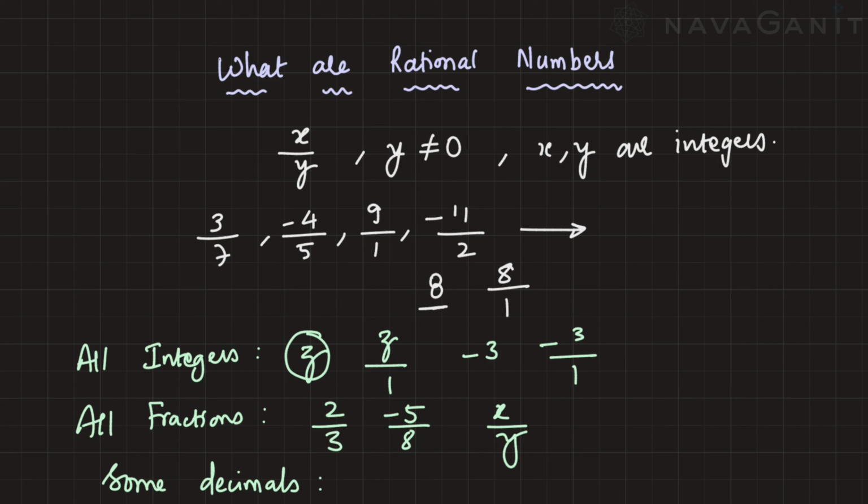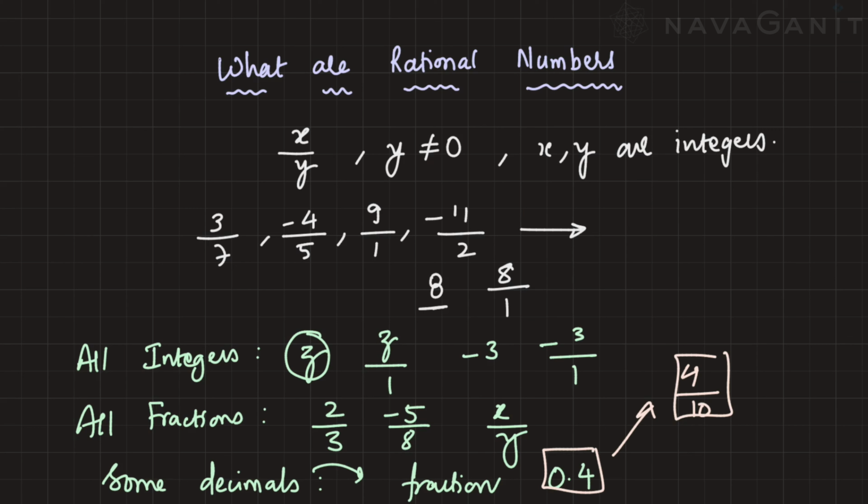What do I mean by this? Whatever decimal can be written as a fraction, that is rational. For example, say we have 0.4. I can write it as 4 upon 10. So this is rational because I'm able to express it as x upon y.